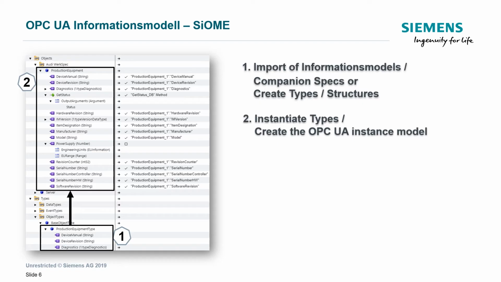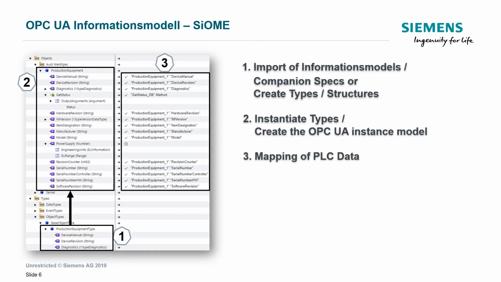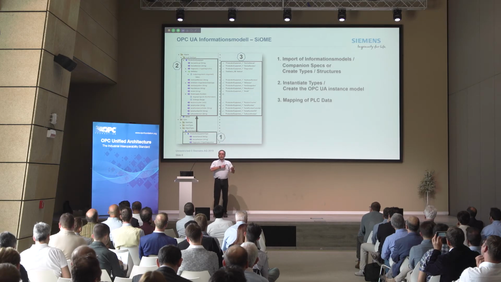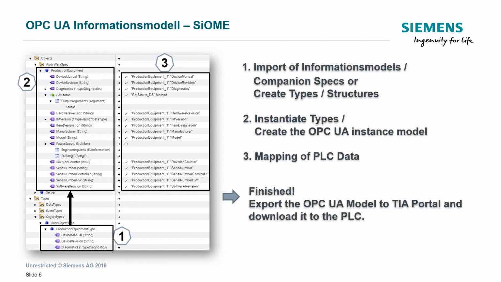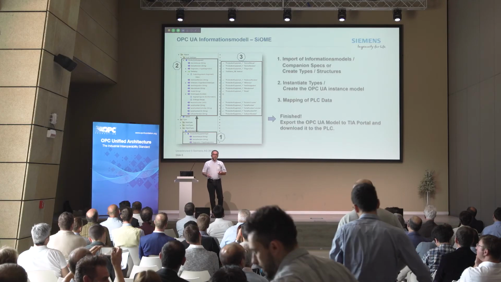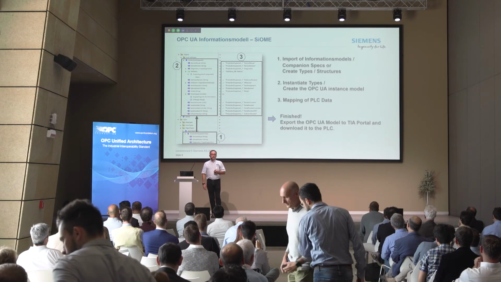So you usually import an existing companion spec, instantiate it as mentioned in the companion specification, and then make the mapping to the PLC data. And you see here a mapping done to already existing data blocks. With Siemens, you're finished: you export the OPC model to TIA Portal and download it directly to the PLC.